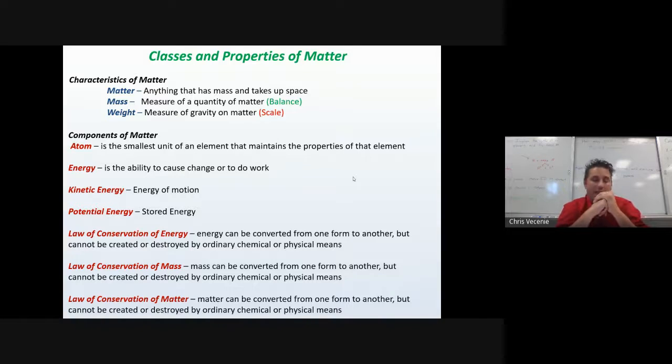Weight, on the other hand, factors in gravity. And because gravity isn't constant, you will see varying weights. For instance, if I were to get on a scale, which is how you measure weight, it's going to say I weigh about 180 pounds. But if I take that scale to the moon, the gravity on the moon is only 1/6 what it is on Earth.